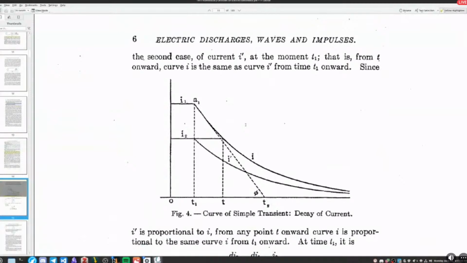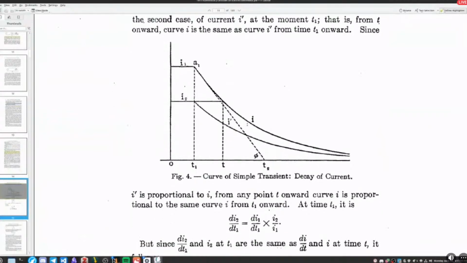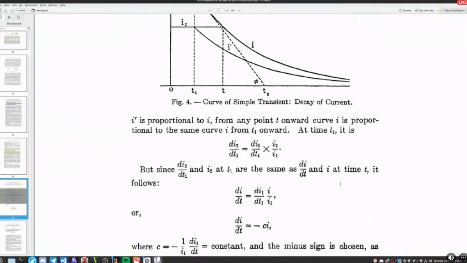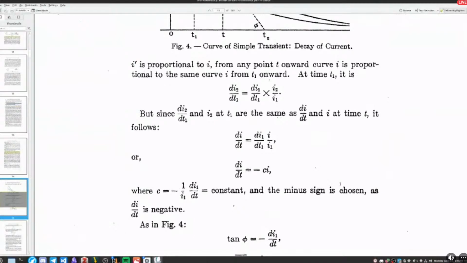At the moment t1, that is, from t onward, I is the same as curve I prime from the time t1 onward. Since I prime is proportional to I, from any point t onward, curve I is proportional to the same curve I from t1 onward. At time t1, it is di2 over dt1 equals di1 over dt1 times I2 over I1.